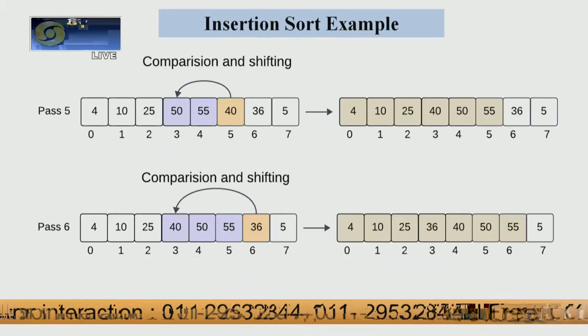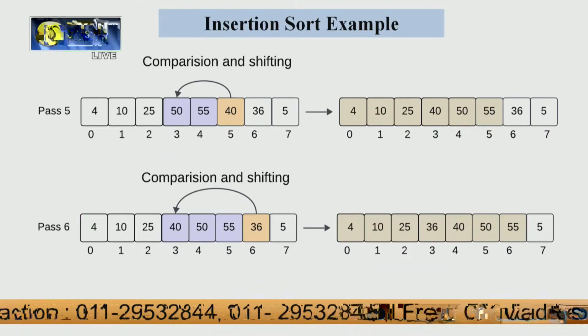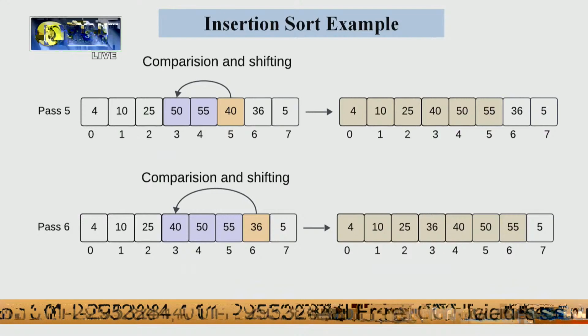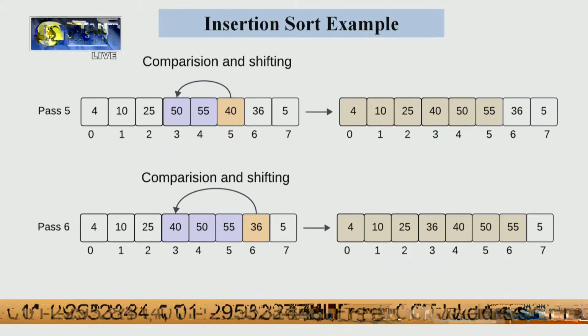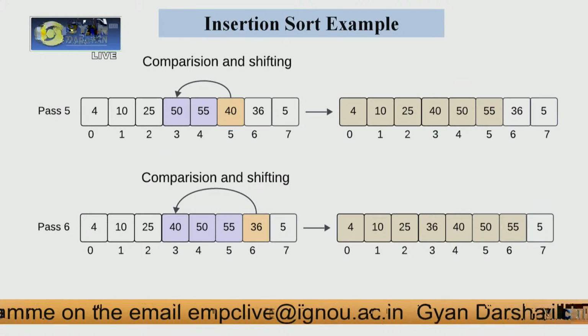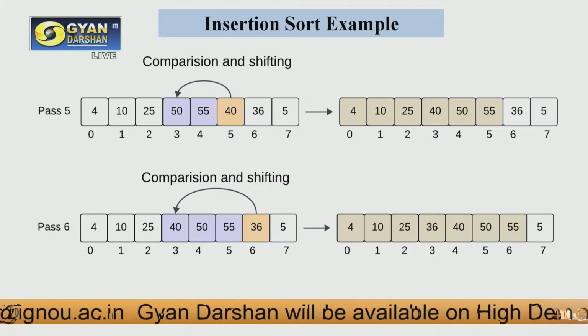Similarly, in the next pass we take the next element, that is 40. So now we compare 40 with 55, that is the last element from the sorted list, and we see that 40 is smaller than 55. Then again we compare it with 50, and again it is smaller than 50. So we compare 40 again with 25, and here 25 is smaller than 40.